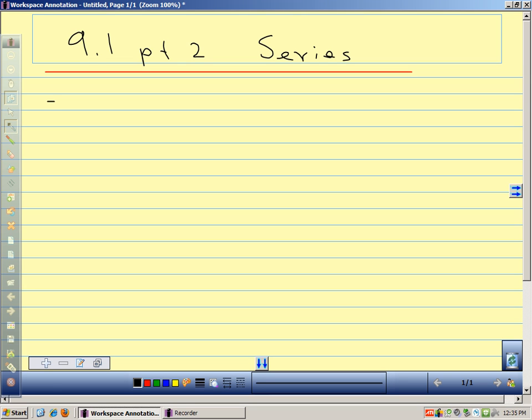With series, we're adding together the terms of the sequence. So the difference between a sequence and a series is that with a series, we're adding the terms together.